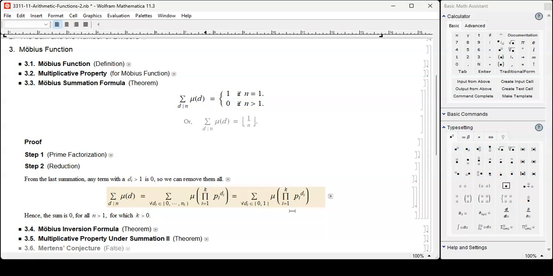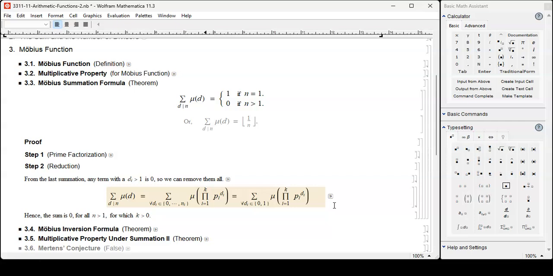Okay, all right. How do you get all those different d values for this quantity? Well, if the powers are all 0, then basically there's no prime factor. You're going to get just 1. And then what if there is one prime factor with power 1 and all the others 0?